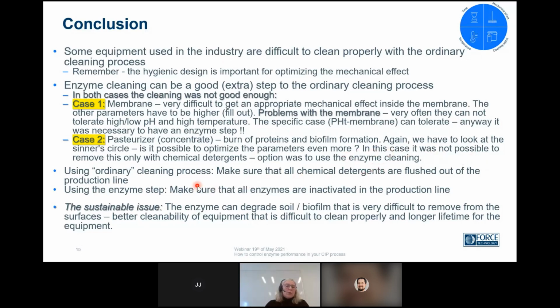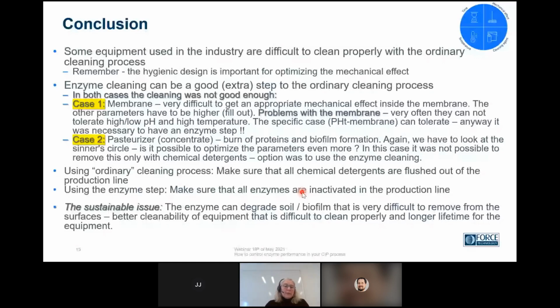When we are using the ordinary cleaning process, we have to make sure that the chemical detergents are flushed out of the production line after the production and before the next production starts. And using the enzyme step, it is very, very important that we have an effective inactivation step to ensure that there is no or only a minimal amount of enzymes left in the equipment for the next production.